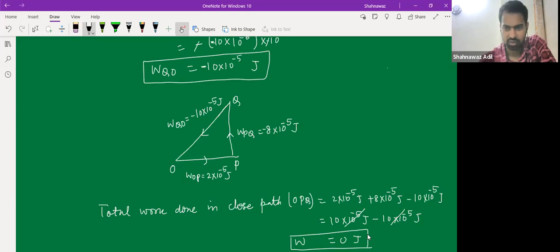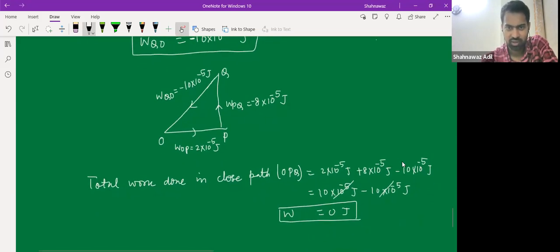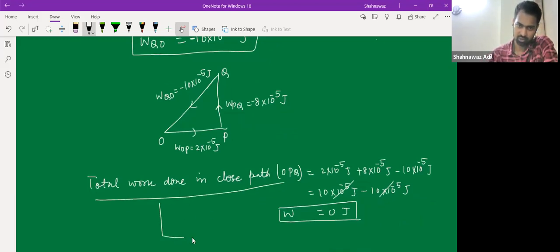Forgotten. So if work done in a closed path is 0, that force would be called conservative. Conservative force, and we can say conservative electric field.